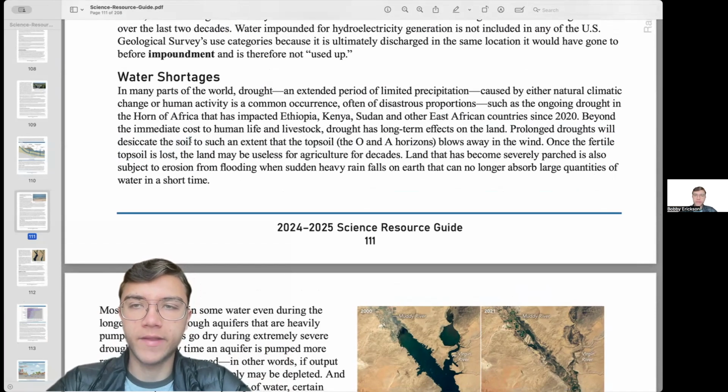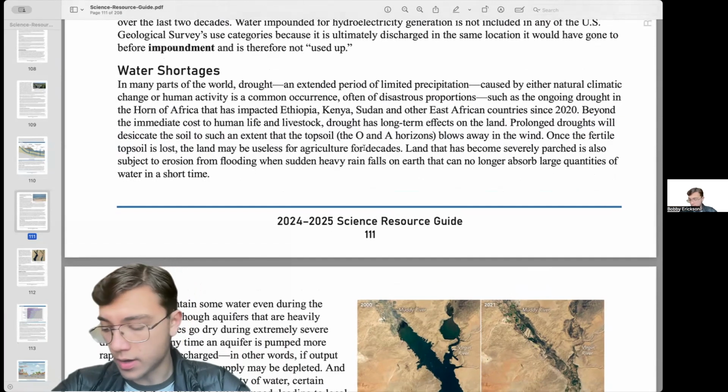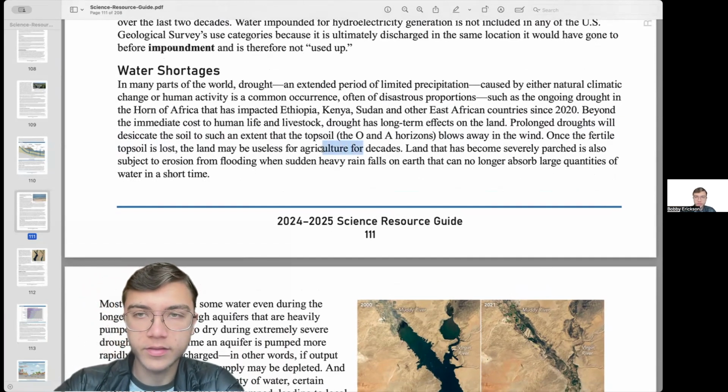A lot of agriculture can't then use this soil anymore, and so agriculture will be degraded because of the degradation of the soil.